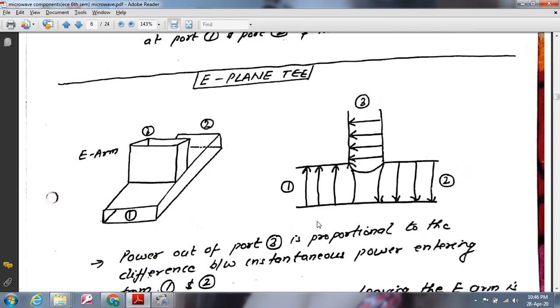Means if we are having two inputs at port number 1 and 2, and those inputs are equal and also in opposite phase, in that case the output we get at port number 3 will be the addition. And if we are having input at port number 1 and port number 2, and they are equal in magnitude and equal in phase, then we will see the output at port number 3 will be 0.